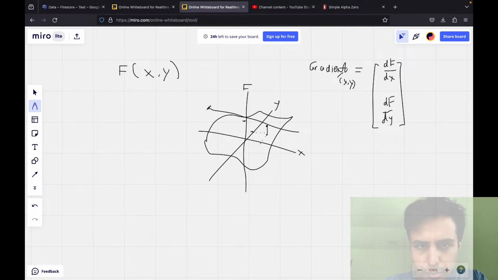We're inserting a plane and bringing it down to give you a trace. This is the path.